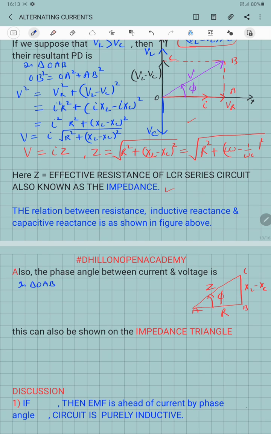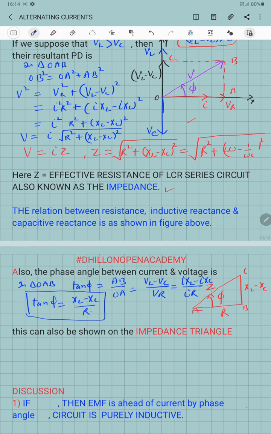In triangle OAB, tan phi is equal to AB over OA, that is VL minus VC over VR, which is equal to I into XL minus I into XC divided by I into R. I is common in numerator and denominator, so it gets cancelled. So tan phi is equal to XL minus XC divided by R. This equation gives us the value of the phase angle between the voltage and the current.